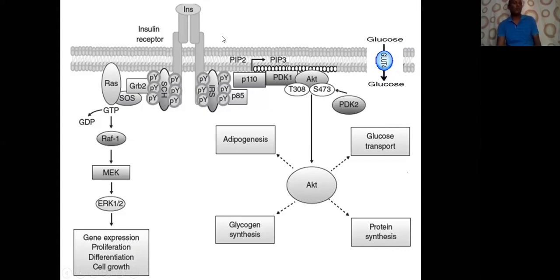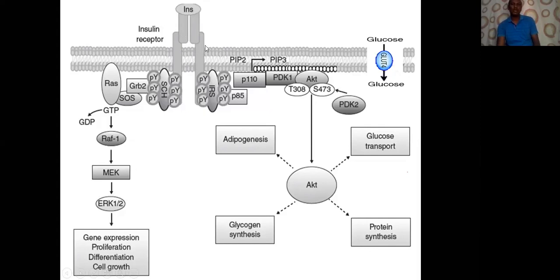Before understanding how type 2 diabetes happens, we first see how glucose is taken up by your cell. On the cell membrane, you will have the insulin binding receptors, that is, insulin receptors.